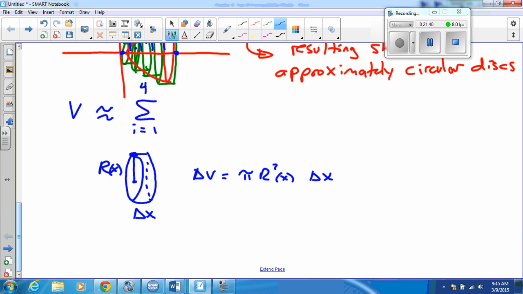We're multiplying the area times the width. And when I now add up all of the delta V's, what I get is an approximation for the volume, just like that. The sum of pi r squared times width for each one of those disks.